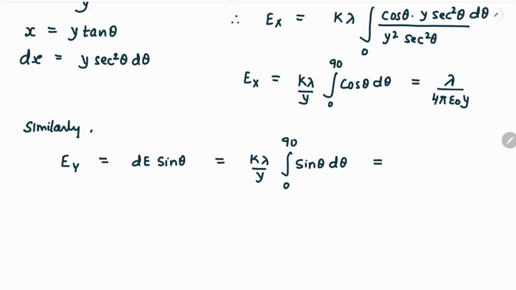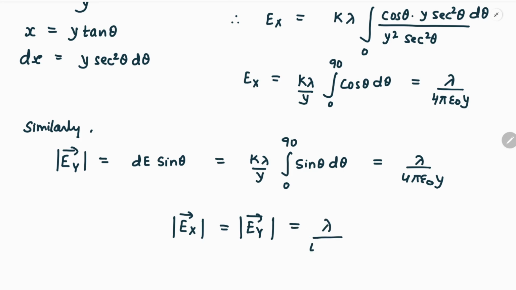On solving this one also, we get the magnitude for Ey as lambda upon 4 pi epsilon naught y. So one thing that we understand from here is that the magnitude of Ex and Ey is the same, and both magnitudes are equal to lambda upon 4 pi epsilon naught y.